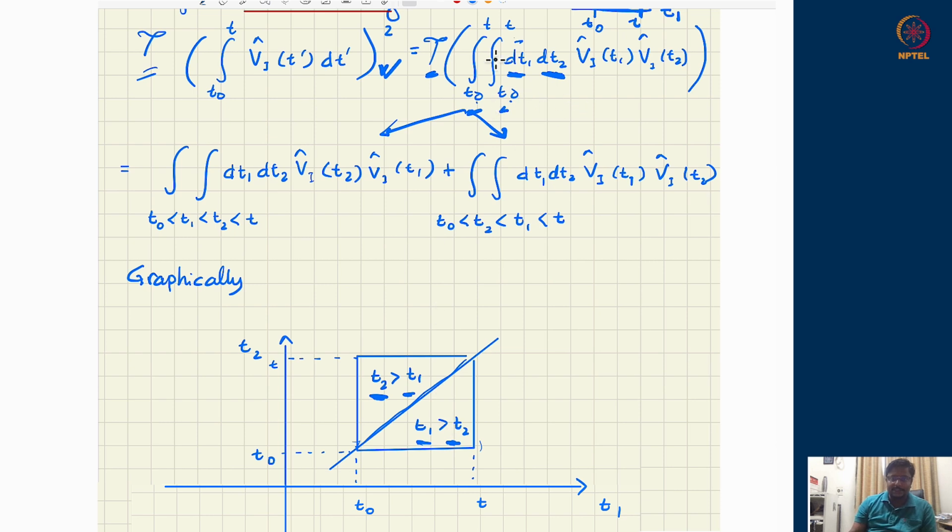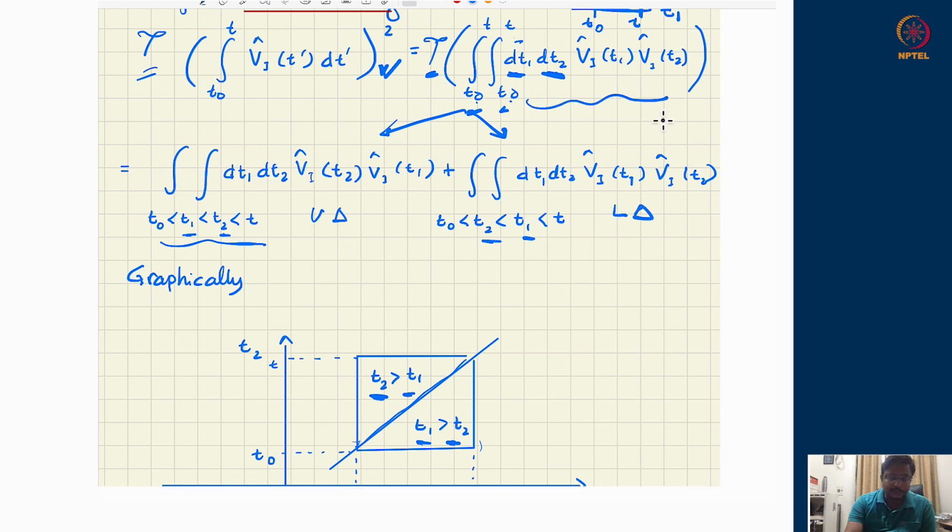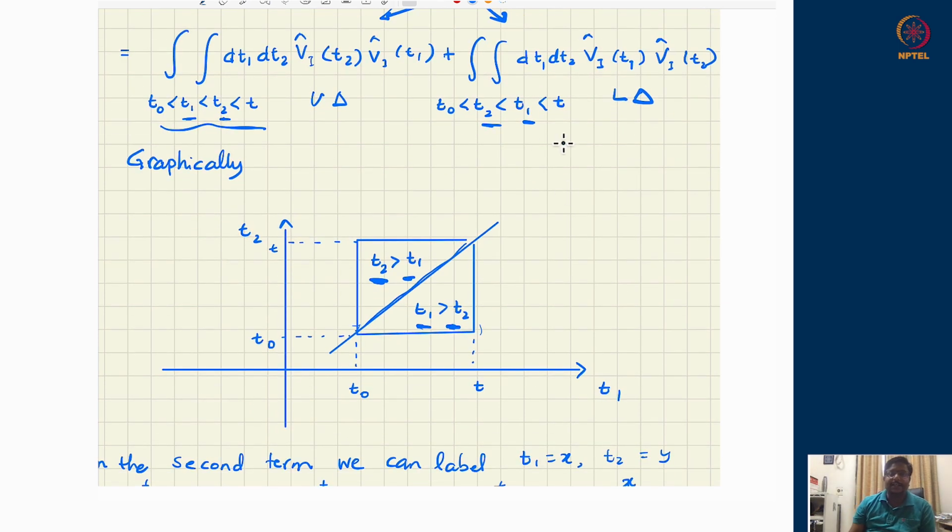Therefore, this double integral of the same limit can be broken down into double integrals over the two triangles: the first triangle where t2 is greater than t1, and the second triangle where t1 is greater than t2. So this is the upper triangle and this is the lower triangle. Here it was the integral over the whole square. Now you see the structure coming about.